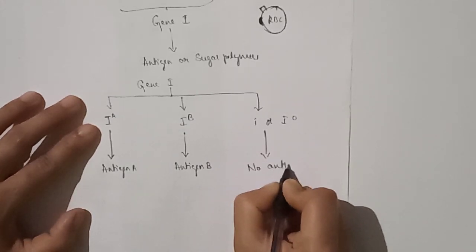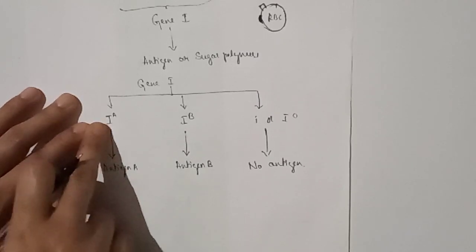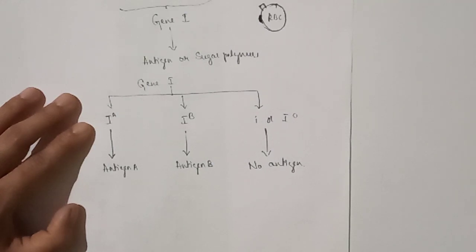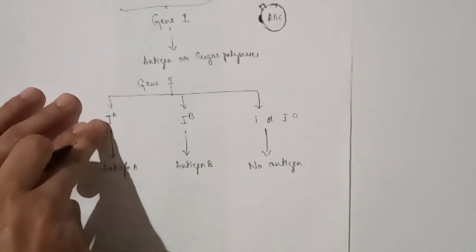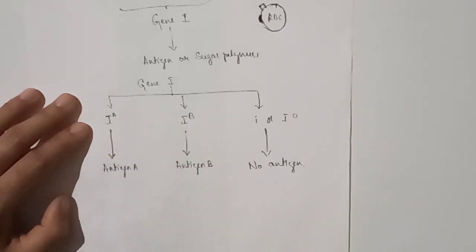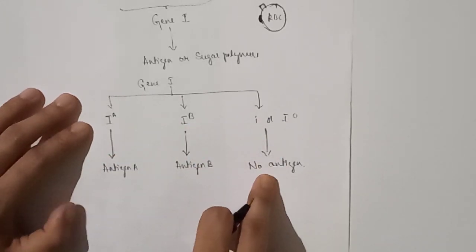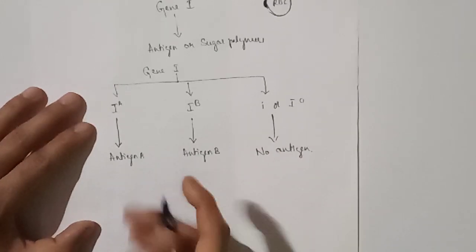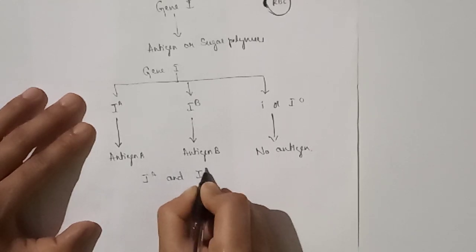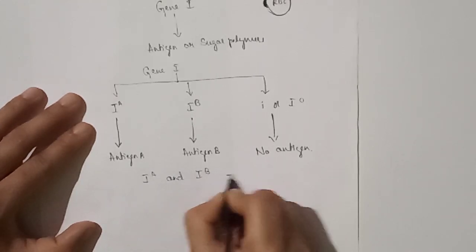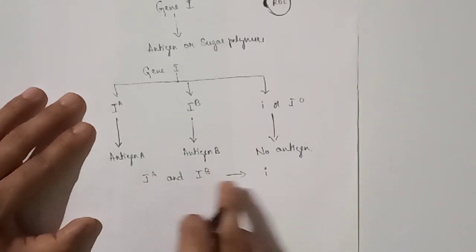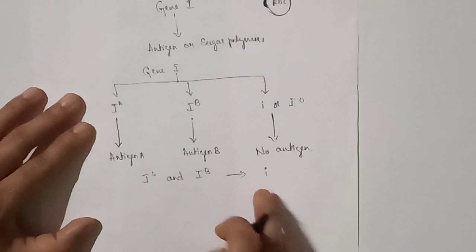No antigens are produced. So IA and IB produce slightly different forms of sugar polymers. That is, antigen A is produced by IA and antigen B is produced by IB. But small i does not produce any antigen. Remember, IA and IB are both completely dominant over small i.